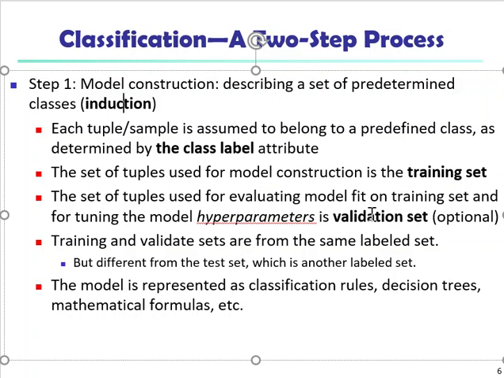It could be further divided into training and validation sets, but that's the one set. The other set is the test set. Here I put a note: the training and the validation sets are not the same as the test set. The test set is independent from the training or validation set.